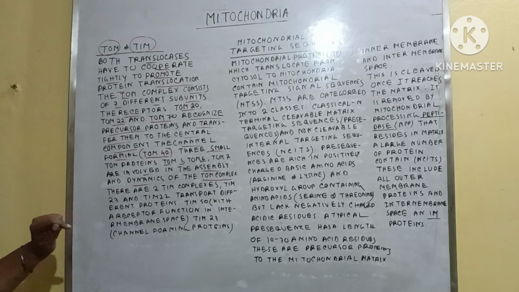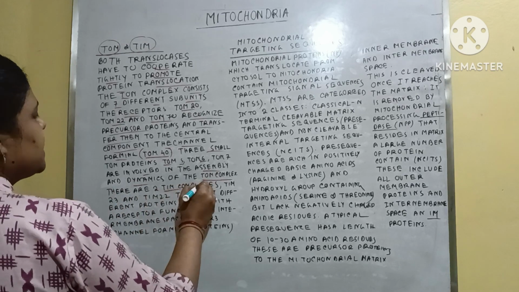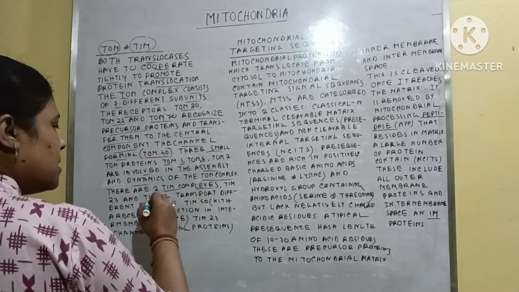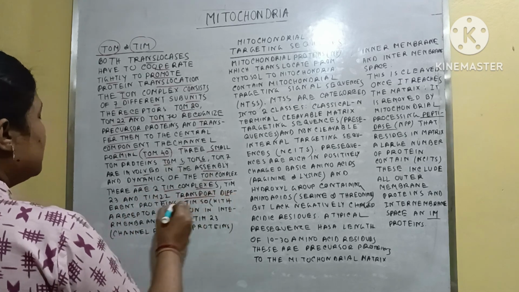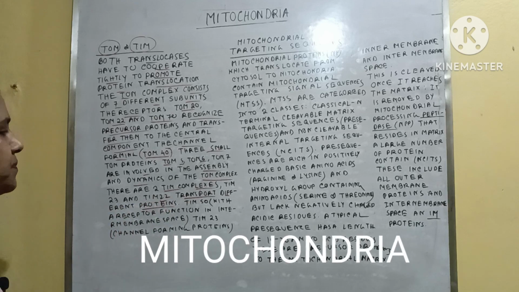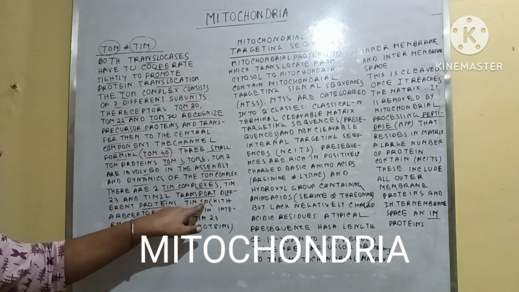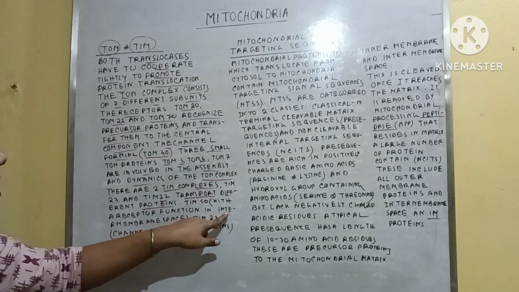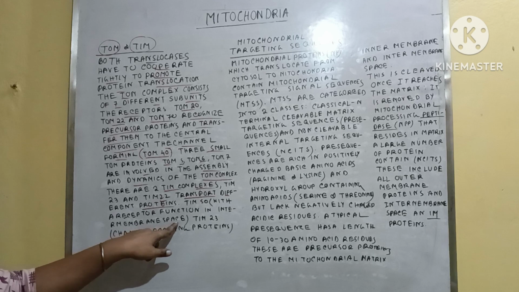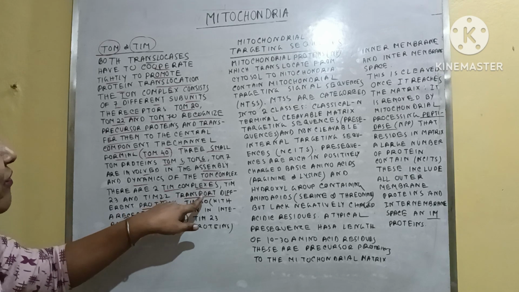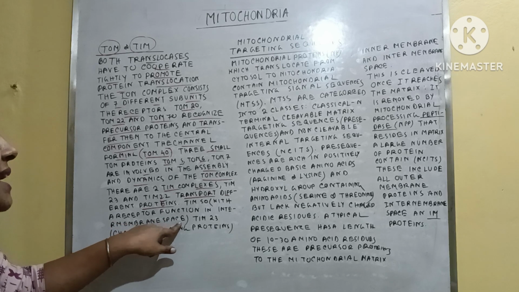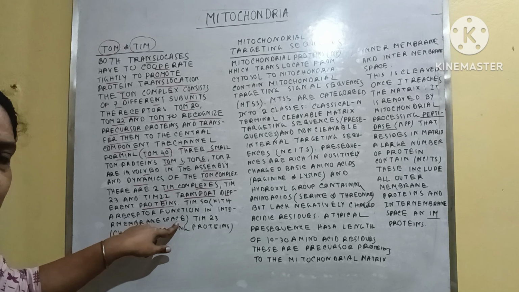And here are the 2 TIM complexes, TIM23 and TIM22, whose role is to transfer the different proteins. TIM50 has an acceptor function and is present in the intermembrane space, where it is responsible for transporting the precursor proteins.